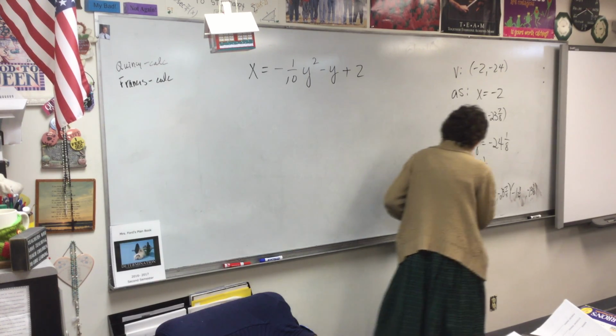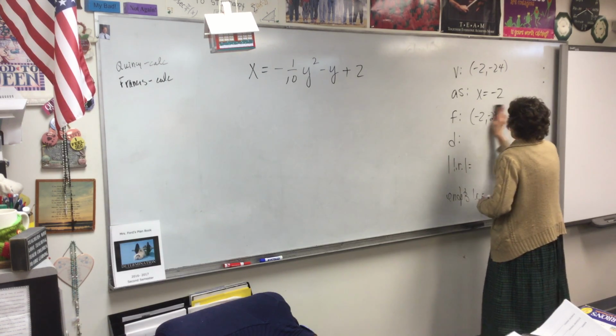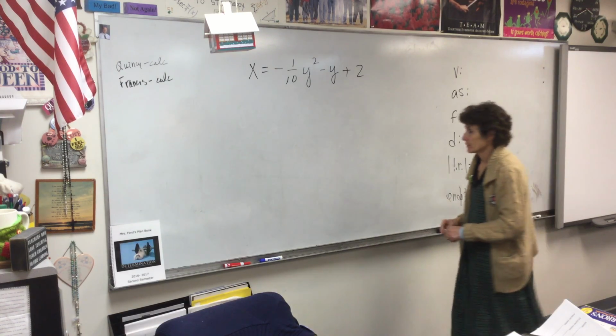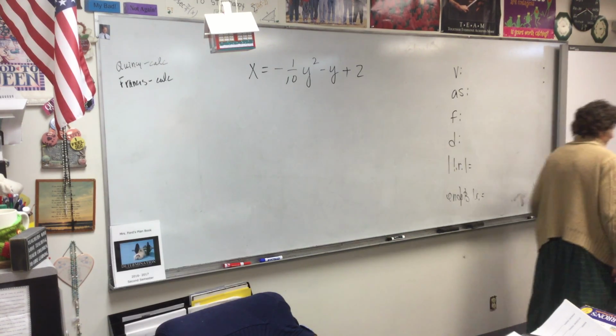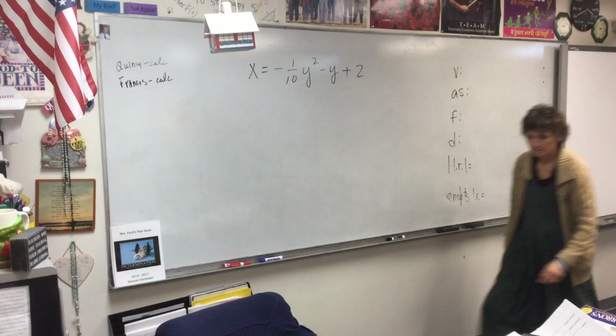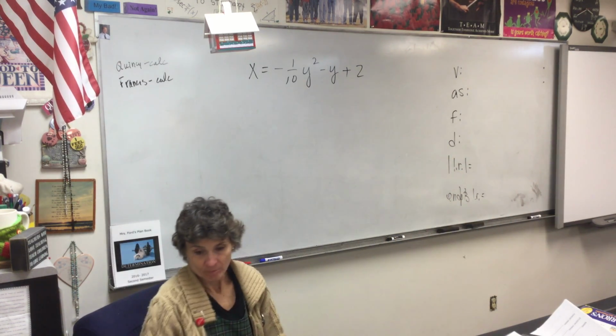Alright, so we're finding all the same information. Let's see how you do. Okay, so I'll give you a minute, and then I will put the equation up there so you can check it.